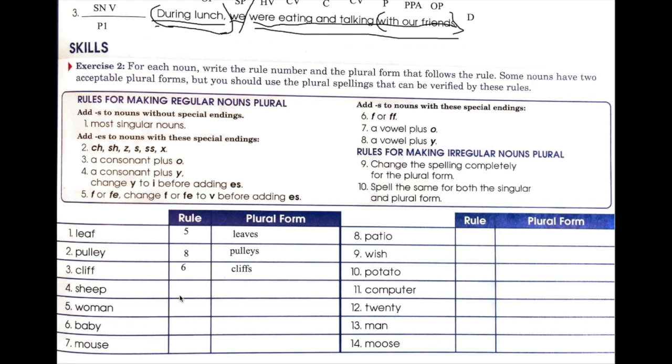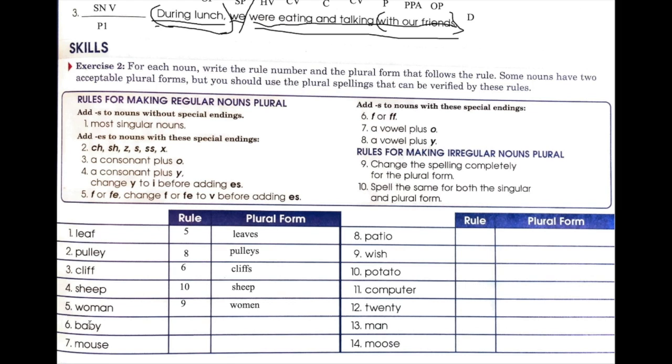Sheep follows rule number 10 because the plural of sheep is, of course, sheep. Doesn't change at all. Woman, we change completely around and we make it women. So we follow rule number 9.